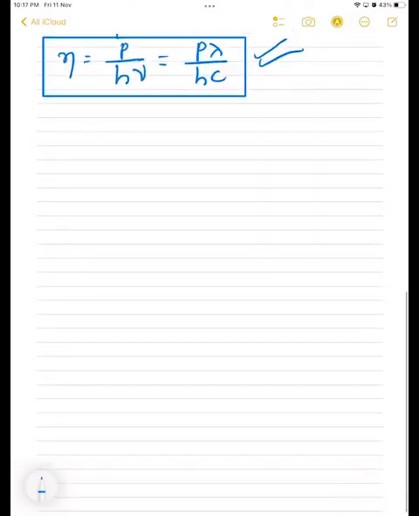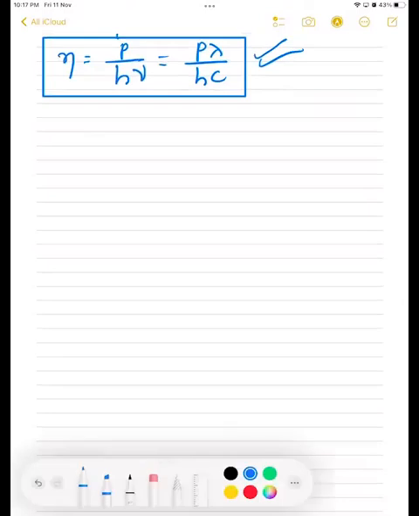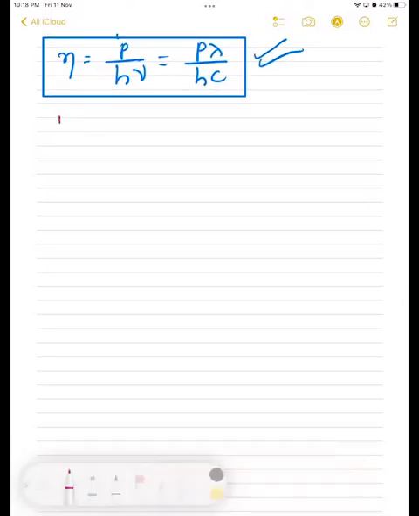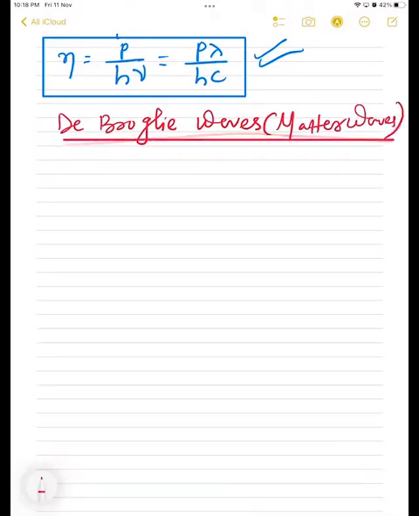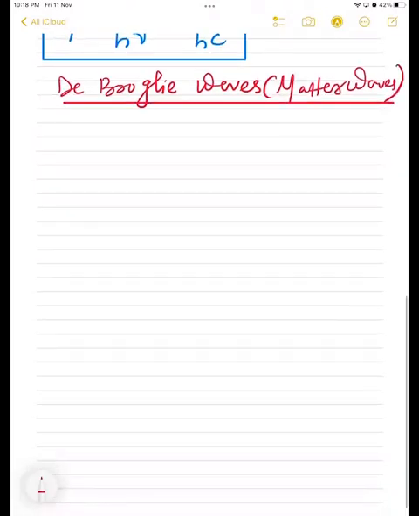What do de Broglie waves of matter say? Next is de Broglie waves, that is matter waves. It says that radiation has dual nature, one wave and one particle.